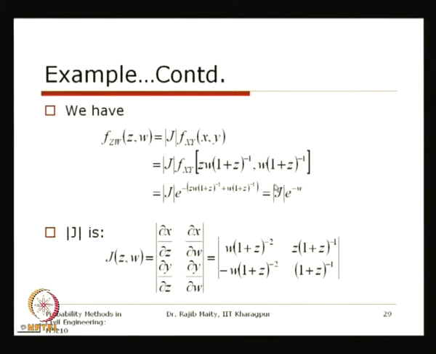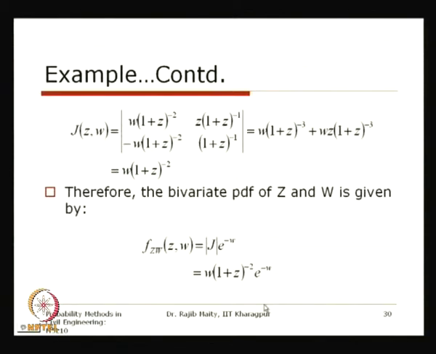What is pending is that we just want to know its Jacobian, and the Jacobian is the determinant of the partial derivatives of x and y with respect to z and w. If we just solve it, after doing this calculation we will finally get w into (1 plus z) to the power minus 2.